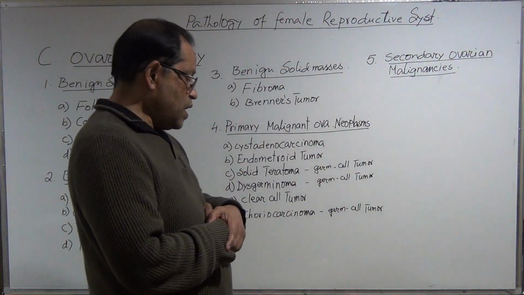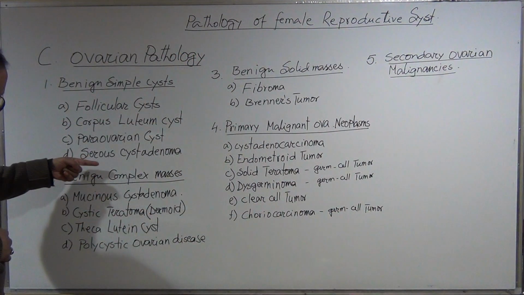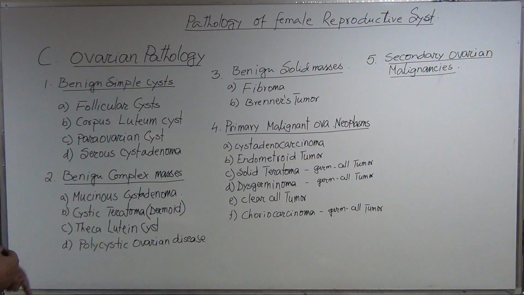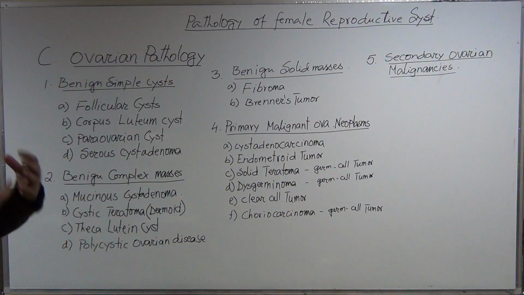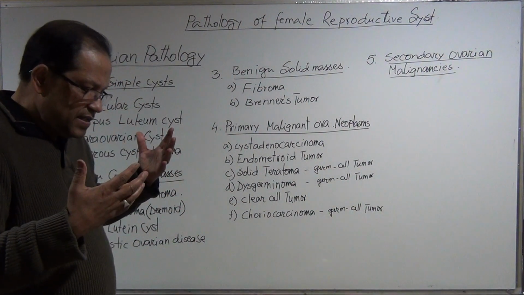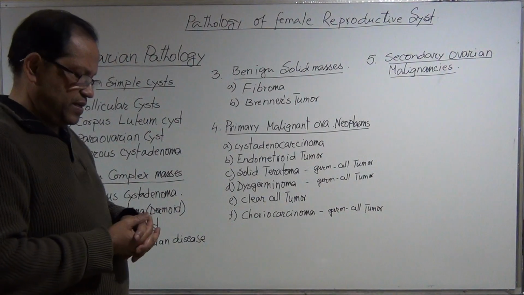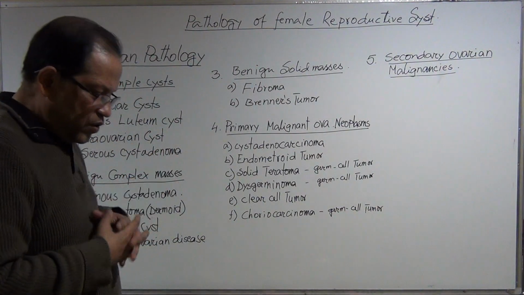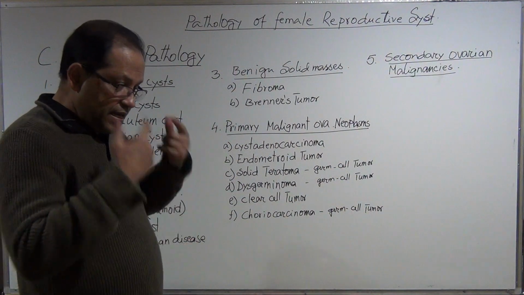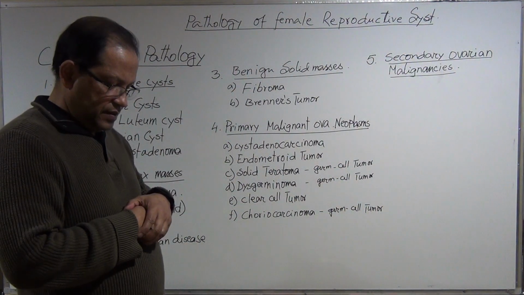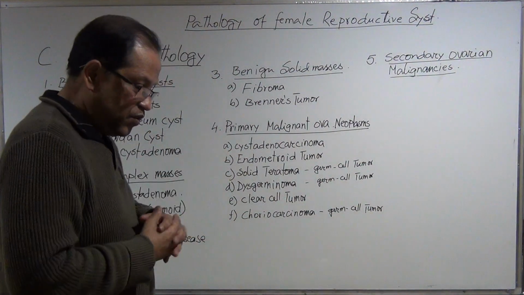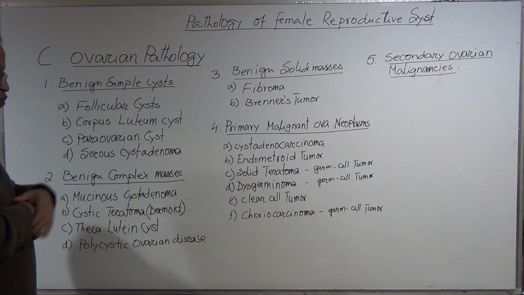Now the fluid containing are two types, serous and the mucinous. The serous fluid is very simple, watery like fluid, water like fluid. Okay, like your tear, your parotid juice, those are the fluid, like a serous fluid.